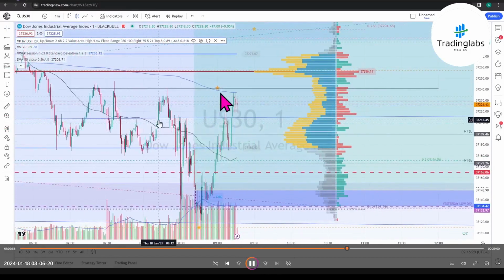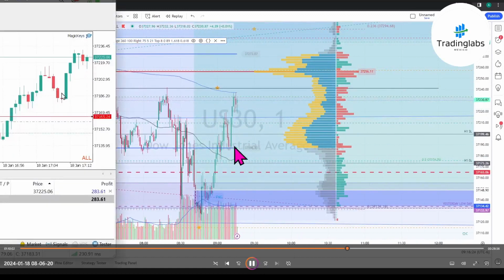Okay, we almost reached the last TP, and my mistake here was I didn't close here. I was pretty sure the momentum was going to hit my second TP because here we have a fair value gap to fill.